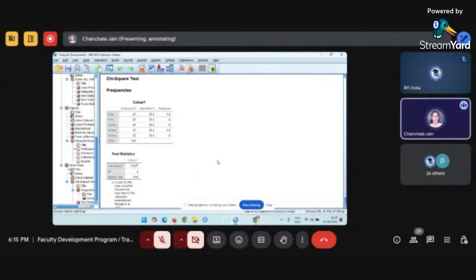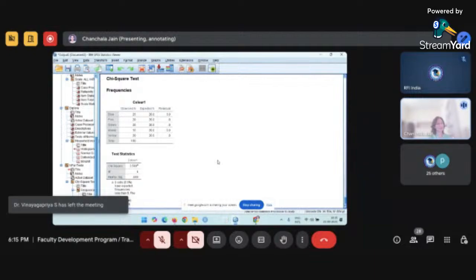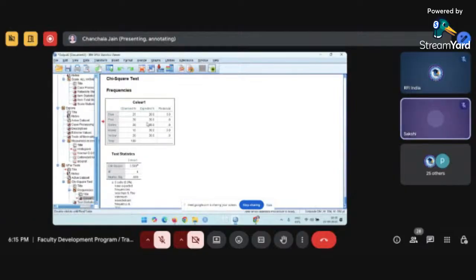Okay, so the output is generated. I hope you also got the output. Shall I explain the meaning of this? The first table shows the colors we have entered and the observed frequency. 25 people like blue, 20 want to introduce a candy in pink, then green 20, brown 15, yellow 20.